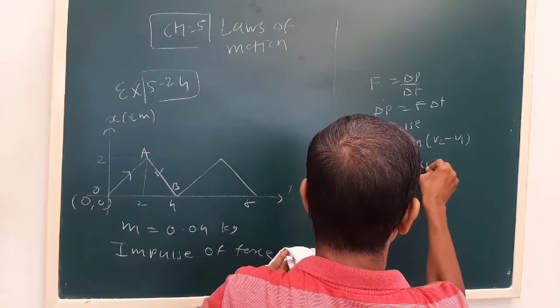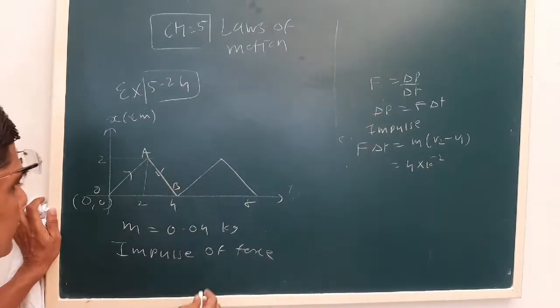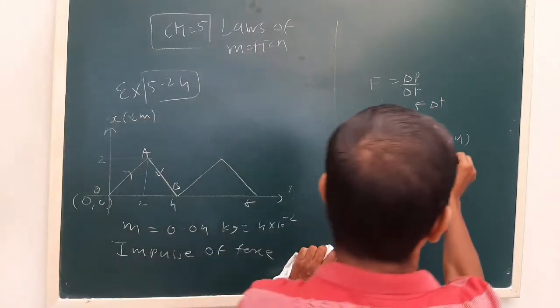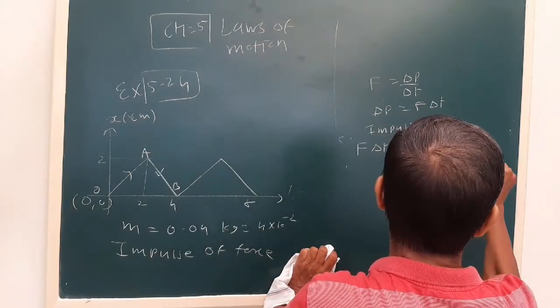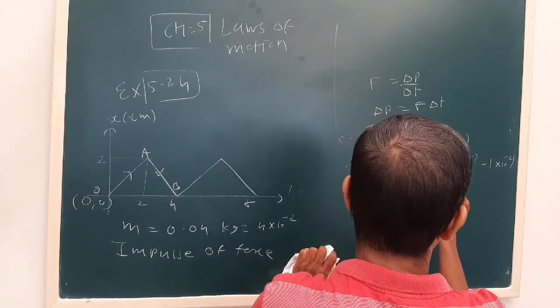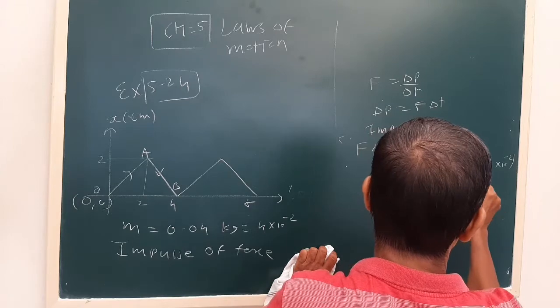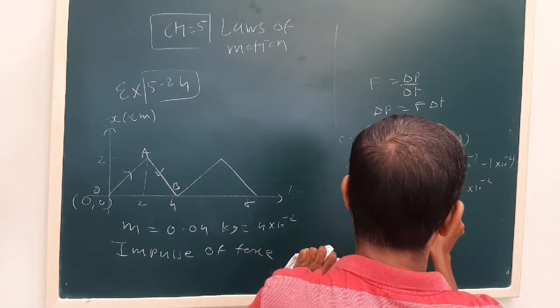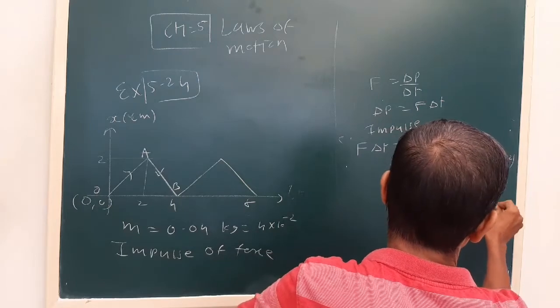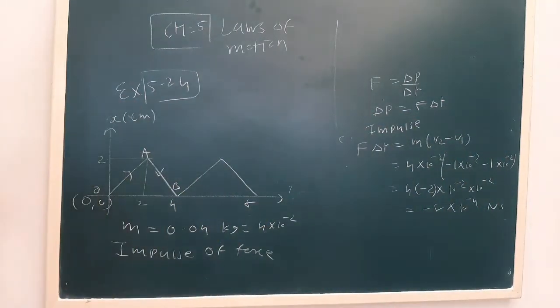That gives minus 8, Newton second. So that is the answer. So this is how we can find out impulse if the x versus t graph is given.